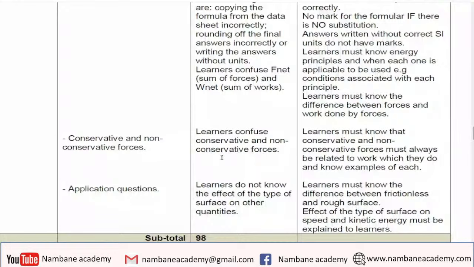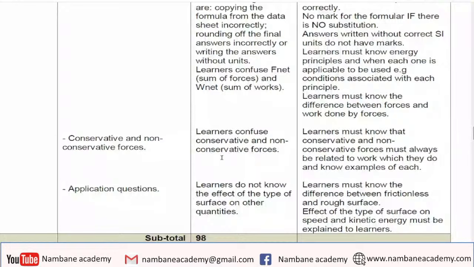When it comes to the principle of conservation of mechanical energy, you must know the relationship. As the object goes down, gravitational potential energy decreases, but kinetic energy increases. On the ground, we know kinetic energy is maximum, but gravitational potential energy on the ground is equal to what? Zero.